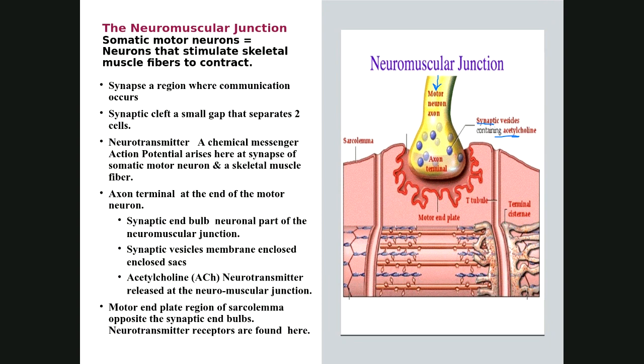The neurotransmitter is a chemical messenger, and this messenger goes into the synaptic cleft, and then within the synaptic cleft, it binds to receptors, which then open up the ion channels, allowing that electrical impulse to get into the skeletal muscle cell. And this is located along the sarcolemma. The part of the skeletal muscle cell which is the receiving end of this is called the motor end plate.